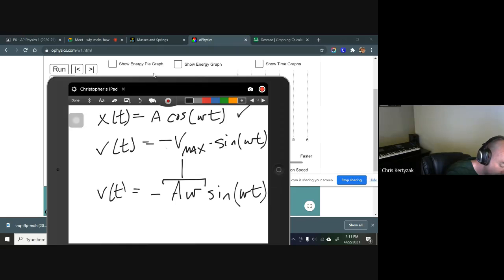And know that in all places, you can express omega as square root of K over M.